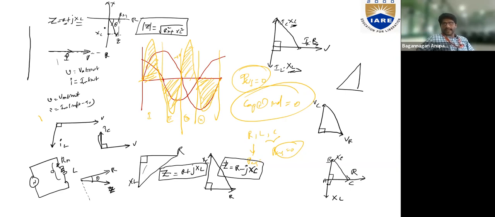So if I draw an impedance triangle for this, how will the triangle be? Okay, one second, I will draw it here.